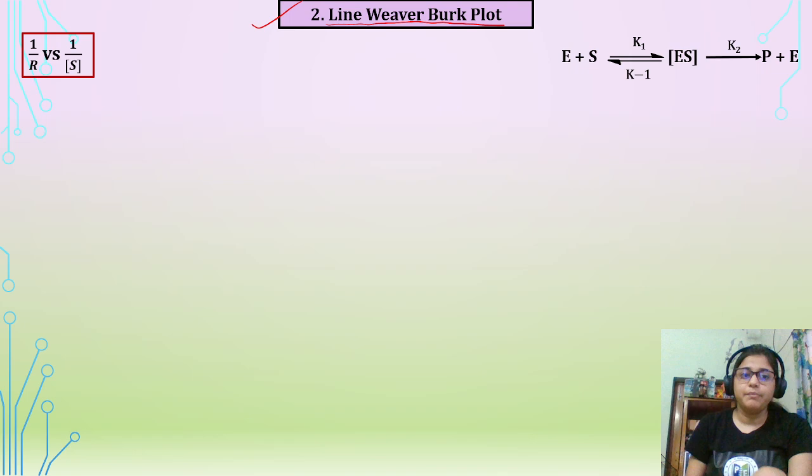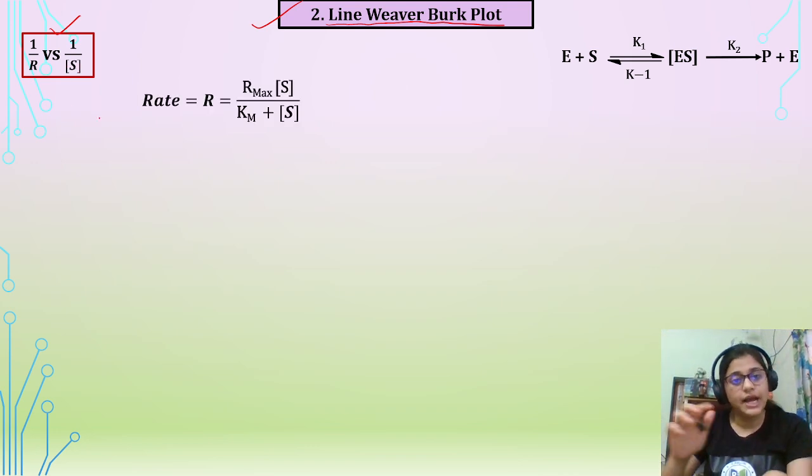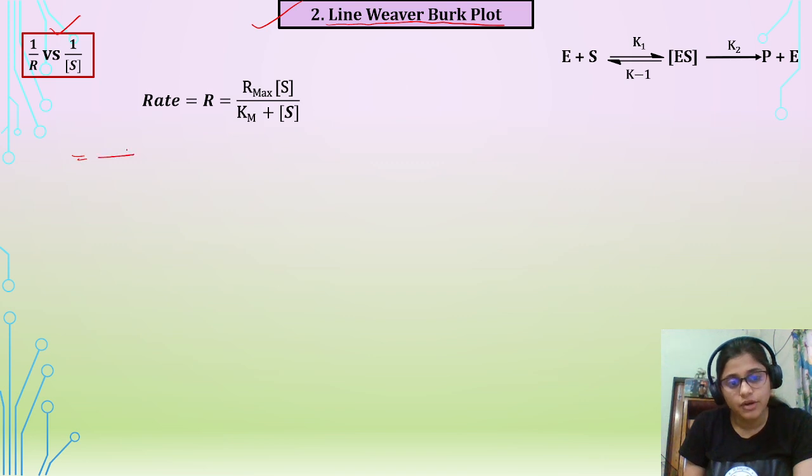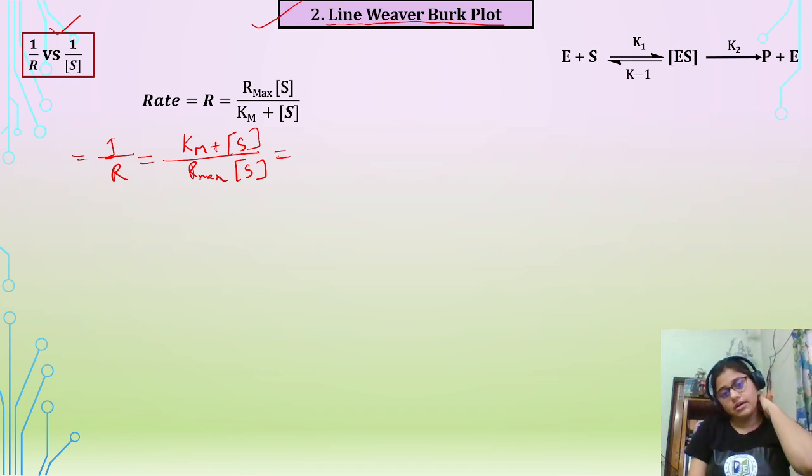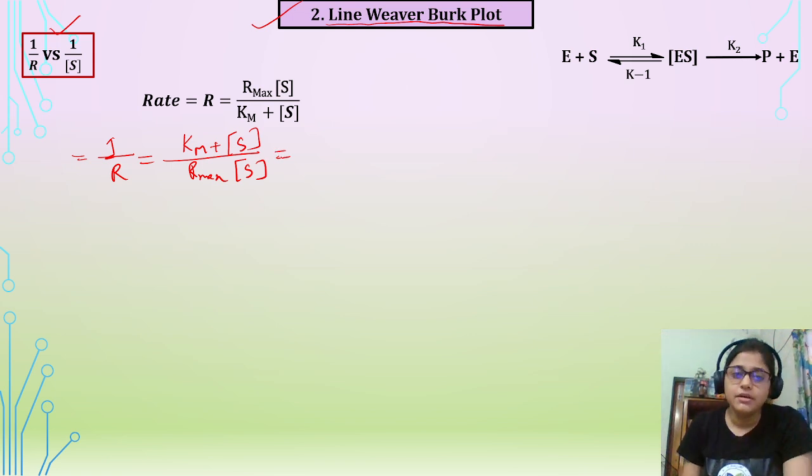So in the Lineweaver-Burk plot, we plot 1 by R, meaning 1 by rate, versus 1 by S. So we have to derive that also, right? The rate is, we know this. If we take 1 by R here, this will be the reverse, like (Km plus S) by (Rmax into S). And we can further split this term this way.